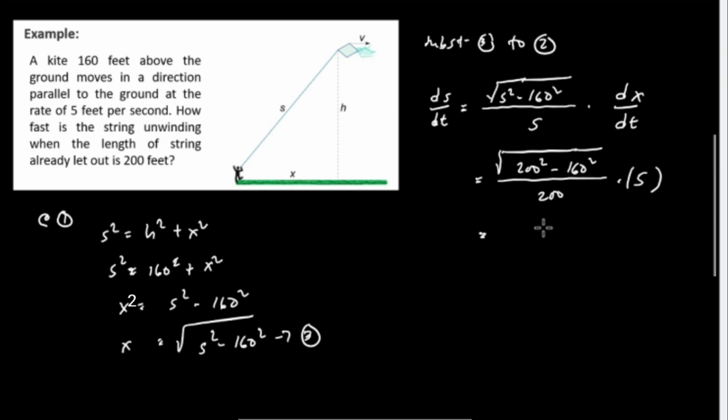The square root of 200 squared minus 160 squared is 120, divided by 200 multiplied by 5, so ds over dt is 3 feet per second. So this is the rate of the string unwinding when the length of the string is 200 feet.